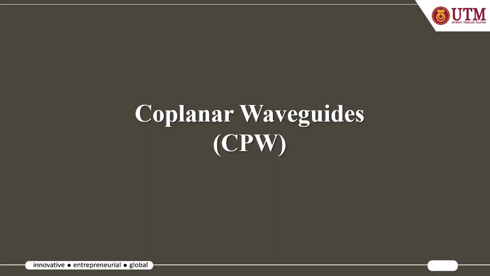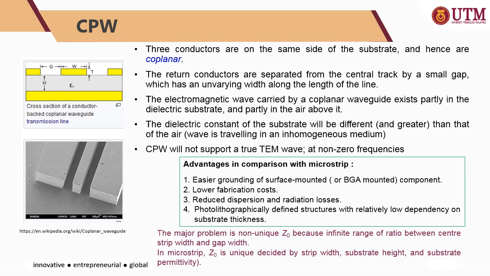Okay, another type of planar transmission line is the coplanar waveguide, or called CPW. Okay, in CPW, the structure is more or less the same as a microstrip line, but it includes three conductors separated by smaller gaps. Okay, you have three conductors, the first one, the center one, and the third one, printed on the same side of the substrate.